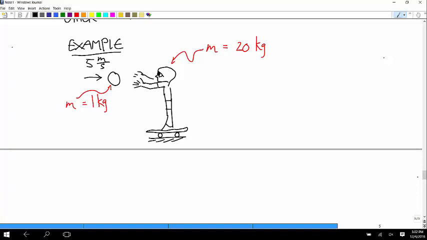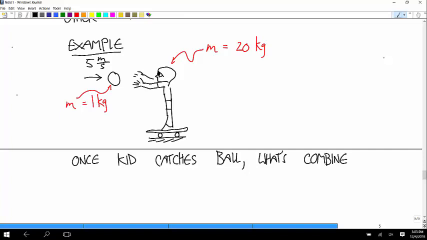And we want to know, once the kid catches the ball, what's the combined velocity of the ball and the kid? So at this point, they're one thing. They have to have the same velocities.